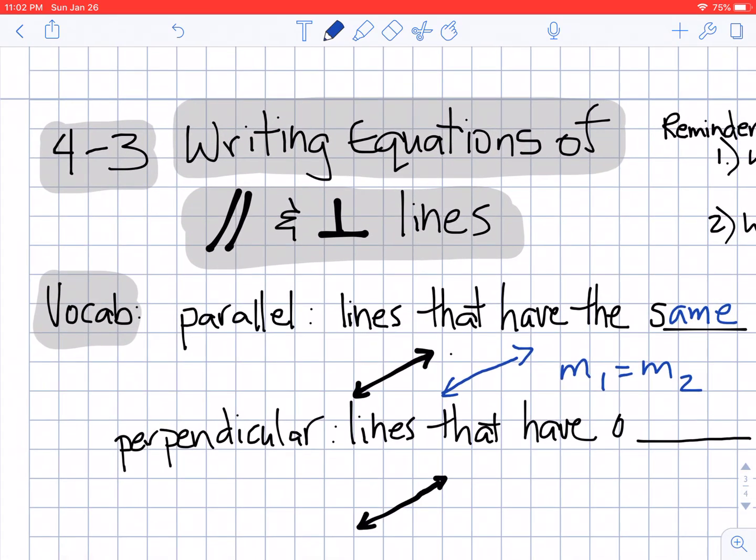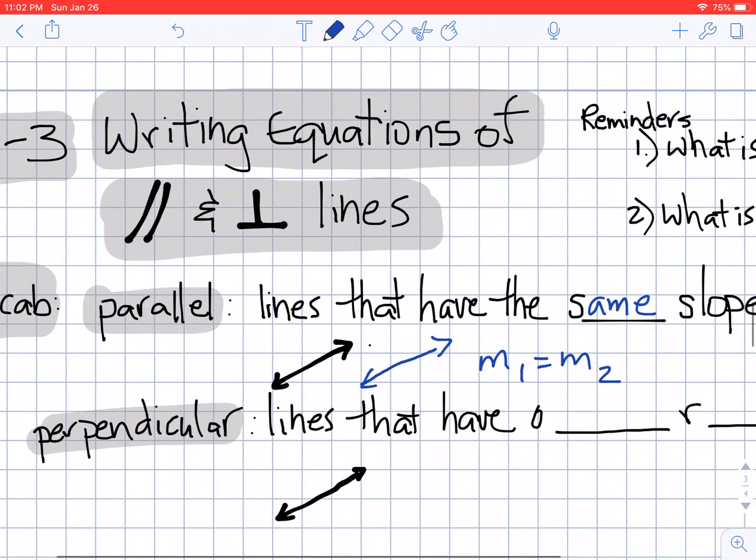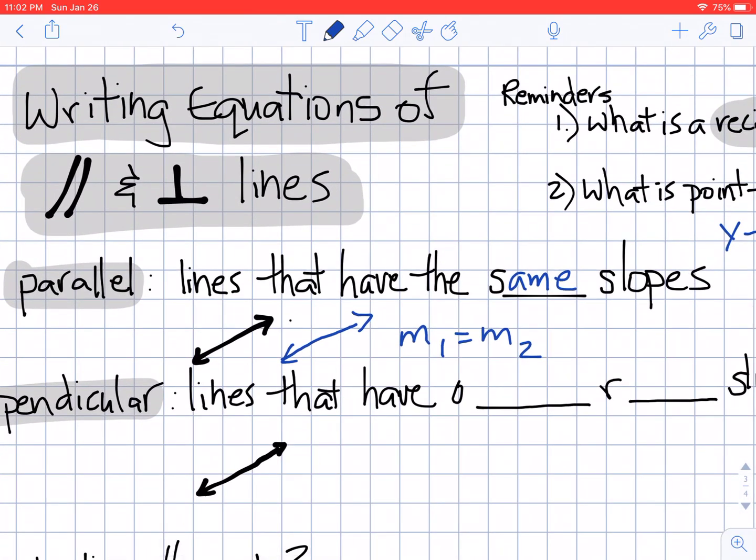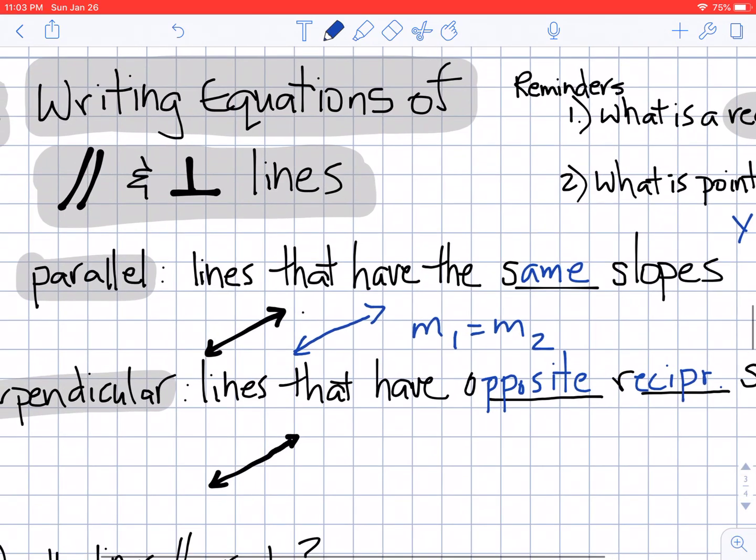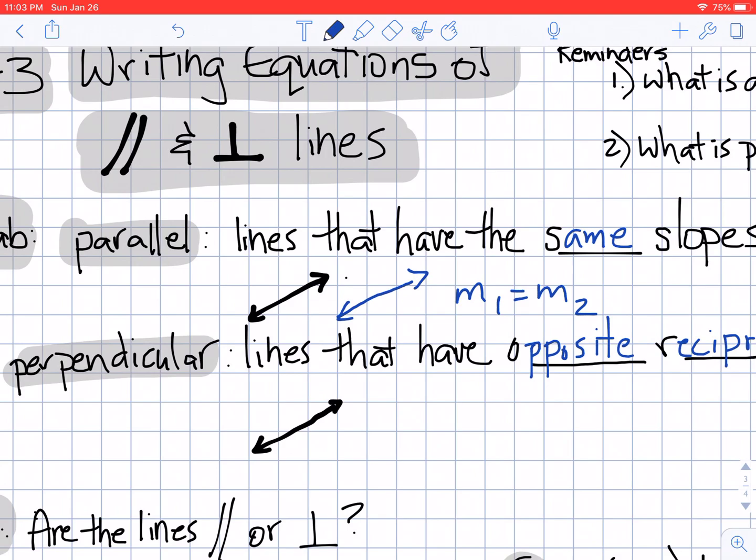Then we have perpendicular lines. Perpendicular is kind of the opposite of parallel. Perpendicular lines are lines that have opposite reciprocal slopes. So again, for example, we have the black line there.